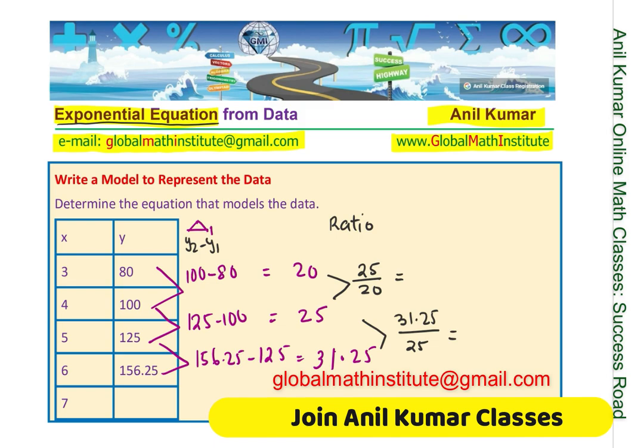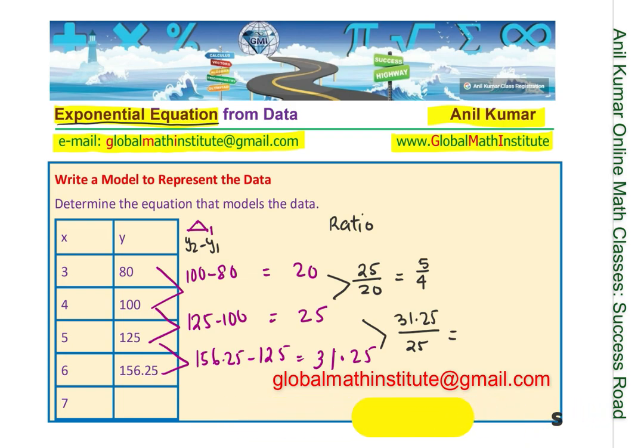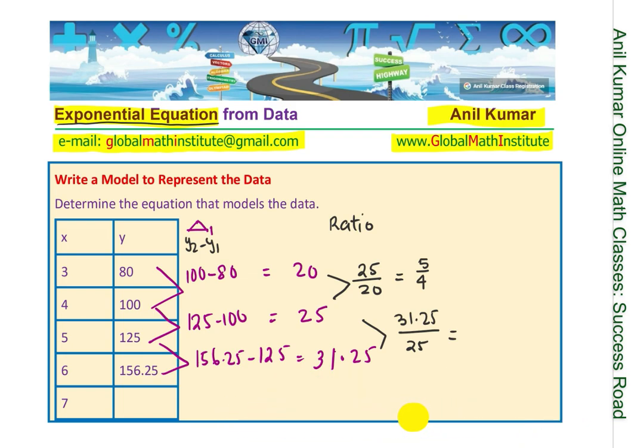So the ratio is 25 divided by 20 gives us a value which is 5 by 4. And 31.25 divided by 25 also gives us the same value, 5 over 4.